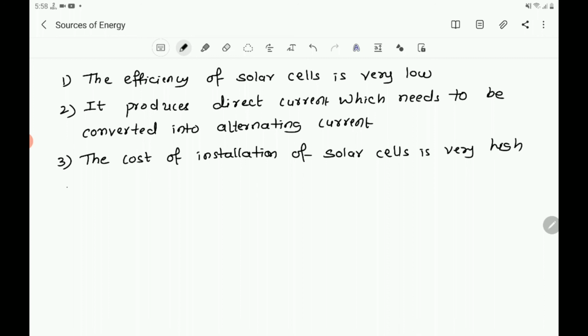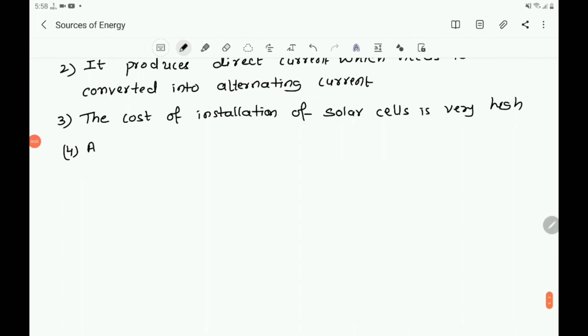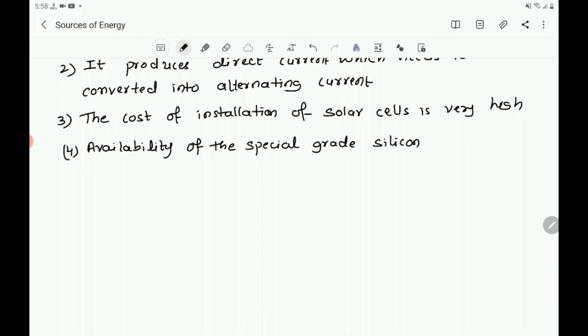And also, fourth one you write: availability of the special grade silicon for making solar cells is limited.